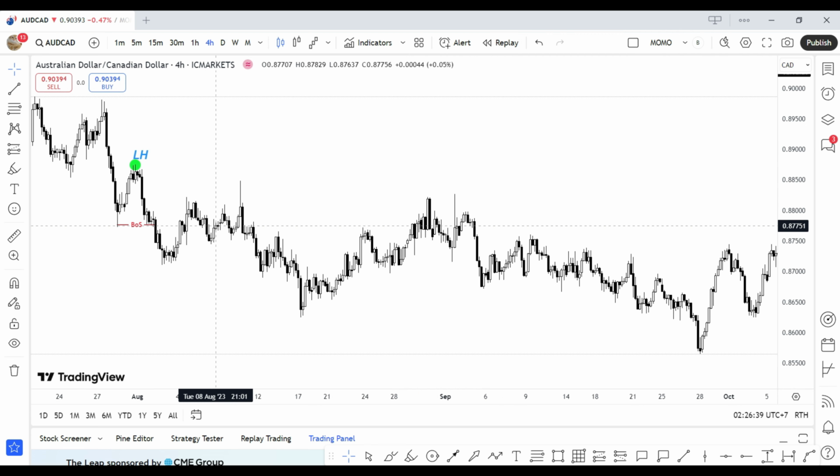For a new lower low, we need to confirm a valid pullback. And how do we identify or confirm a valid pullback? Find the most recent bearish candle and wait for its high to be broken with a candle body, which confirms a valid pullback and a new lower low.